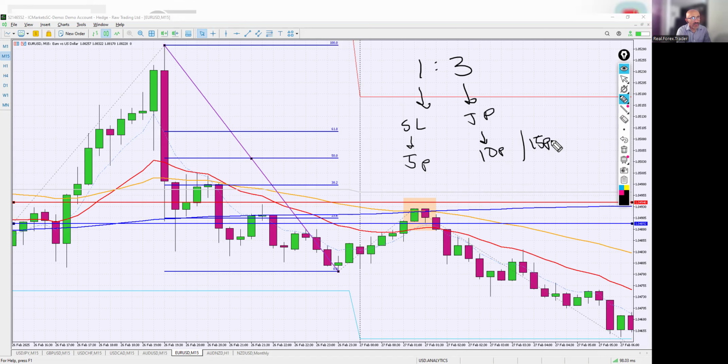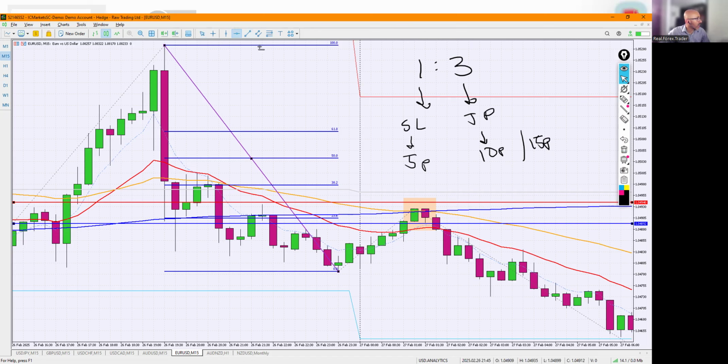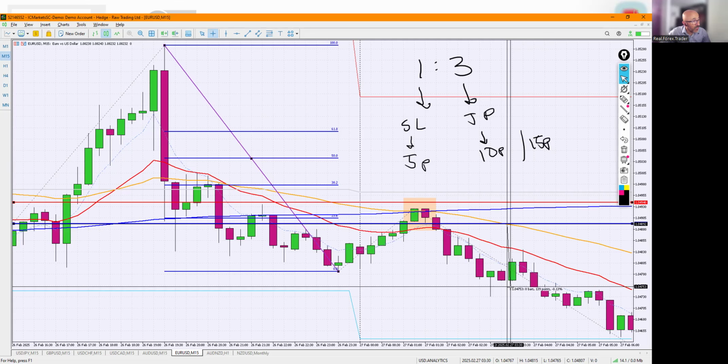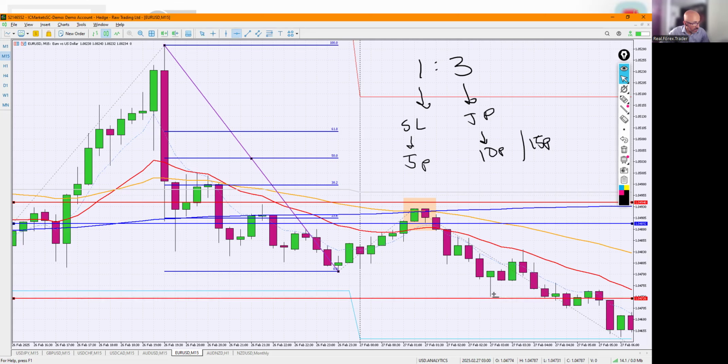So let's place it at 15 pips. So I said here, my take profit, 15 pips. So 15 pips would be around here, right? This one here. So I would set my take profit around this point.